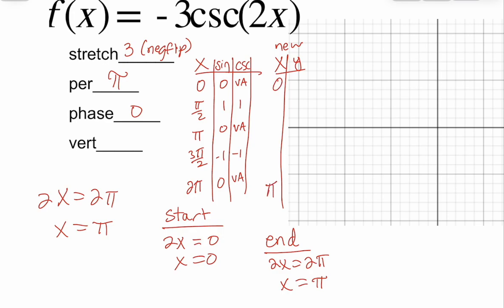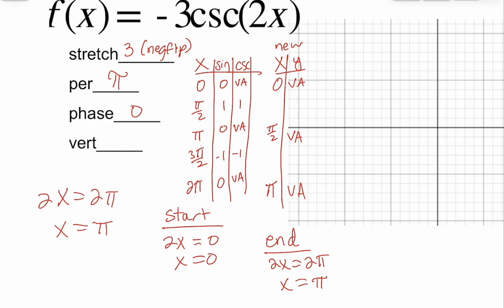Now, halfway between 0 and pi is half of a pi, or pi over 2. Remember, for a cosecant, those are the spots for our vertical asymptote. So we don't really have to do any math there. The first, third, and fifth spot of a cosecant is always a vertical asymptote.